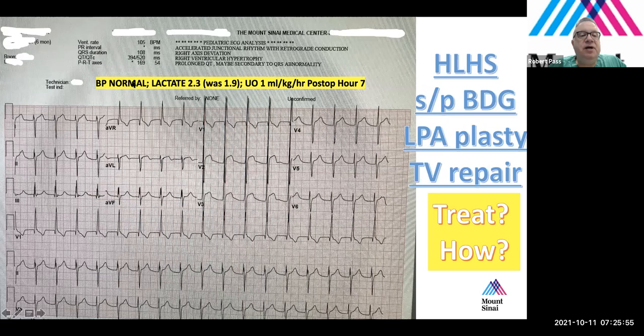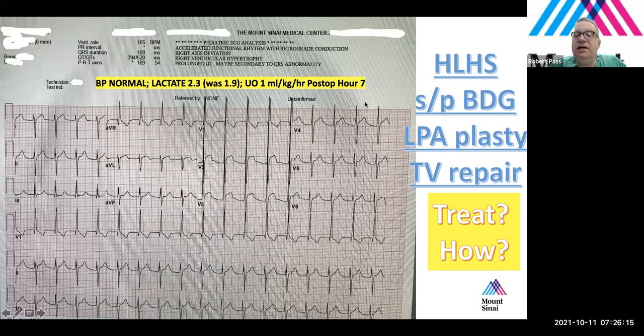The patient was noted to have a normal blood pressure, unchanged from the entire night. The lactate was 2.3, previously was 1.9. And the urine output was 1 milliliter per kilogram per hour. And here we are, it's post-op hour 7.